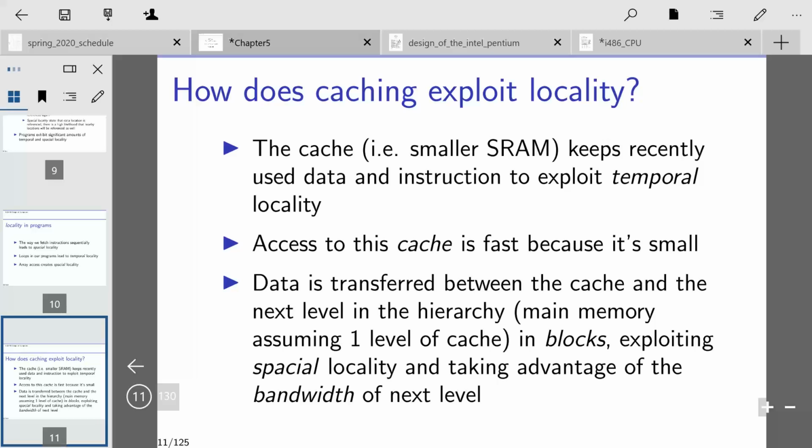All right, so where we left off was we were talking about how we use these smaller SRAMs to exploit locality, temporal and spatial locality in our programs. So these small memories cache our much larger memory. And again, remember the whole goal is we're trying to create this illusion to programmers that they have very large and very fast memory, because that's what they demand.